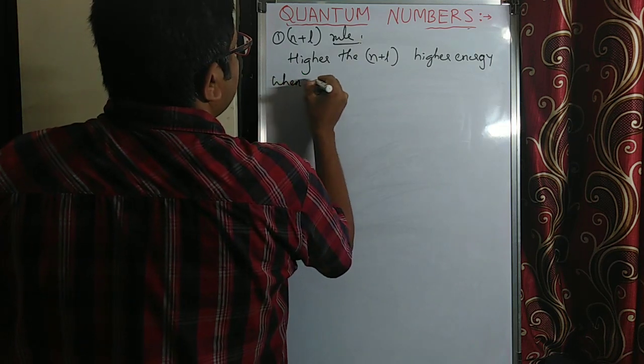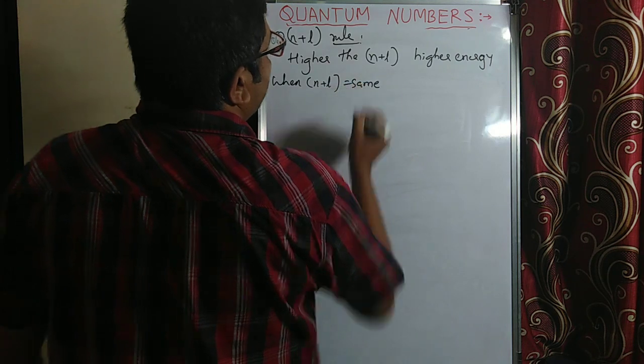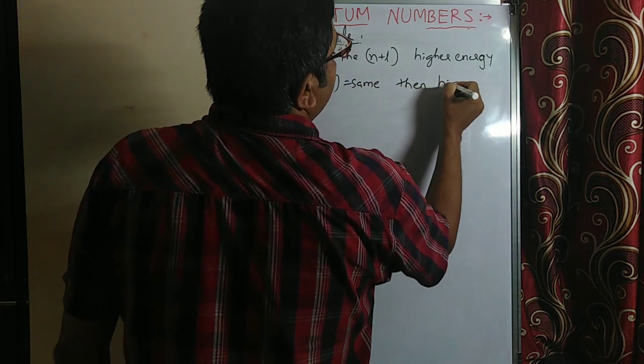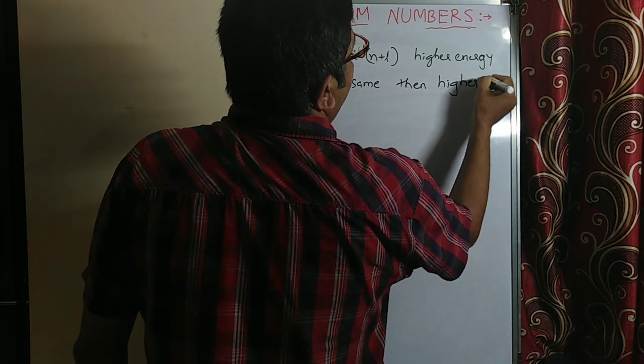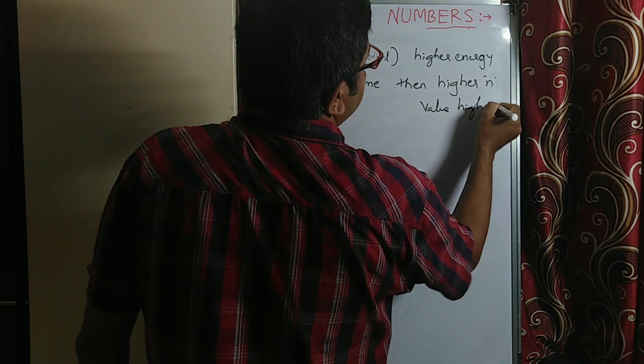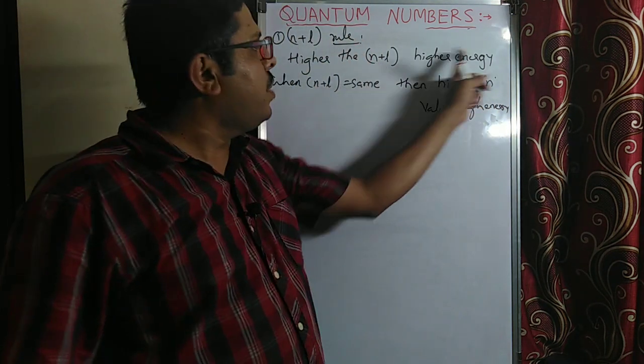When n plus l is the same value for two orbitals, then remember, the higher n value has higher energy. Very simple. Higher the n plus l value, higher is the energy.